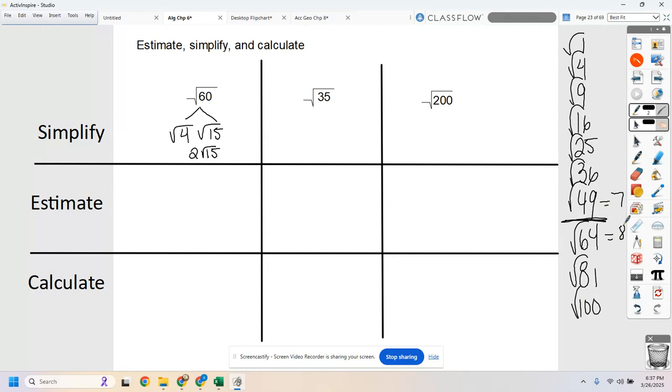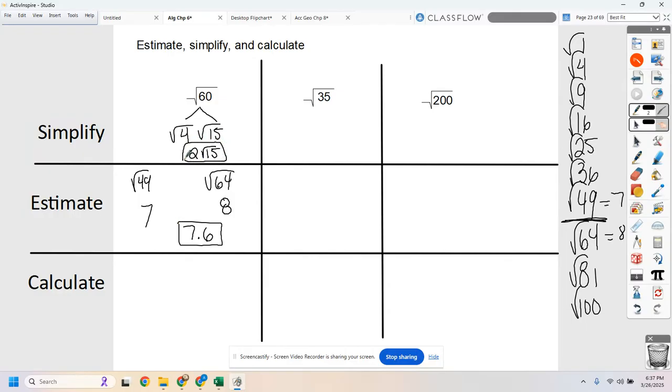Now, it's closer to 8, so I'm going to know for sure that I'm definitely between the square root of 49 and the square root of 64, which would be 7 and 8. And I'm a little bit closer to the 8, so I'm going to go 7.6. Okay, so 7.6 would be my estimate.